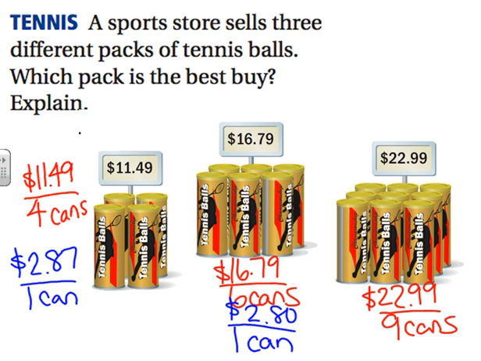And the final unit rate, if I can get 9 cans for $22.99, that is $2.55 for 1 can. So now that I have all 3 of my unit rates, the best buy is the one with the lowest unit rate, and that is the 9 cans for $22.99 because that is a unit rate of $2.55 per can.